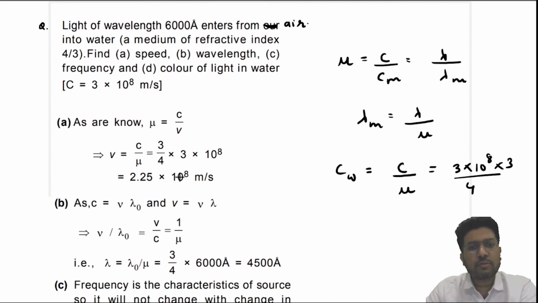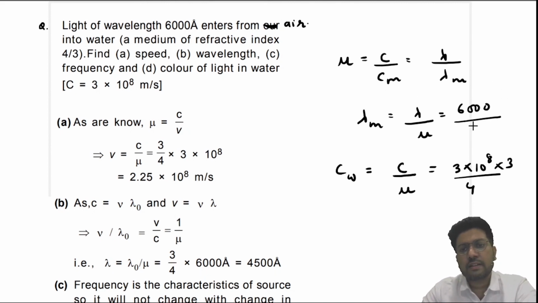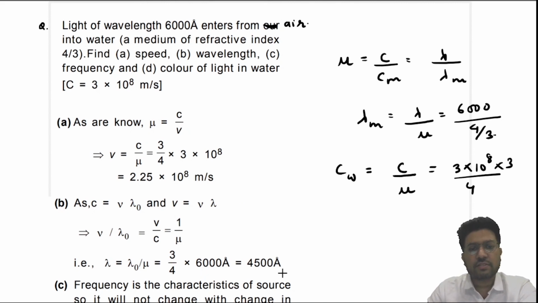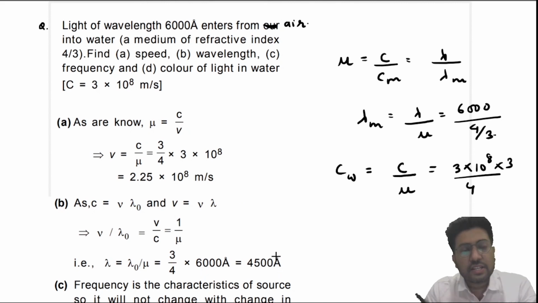So this will come out to be 9 by 4 into 10 raised to power 8, that is 2.25 into 10 raised to power 8 meter per second. Then wavelength is lambda by mu and that is equal to 600 nanometer or you can say 6000 angstrom divided by 4 by 3. So from this you will get 4500 angstrom. So the wavelength changes from 6000 angstrom to 4500 angstrom in the water.